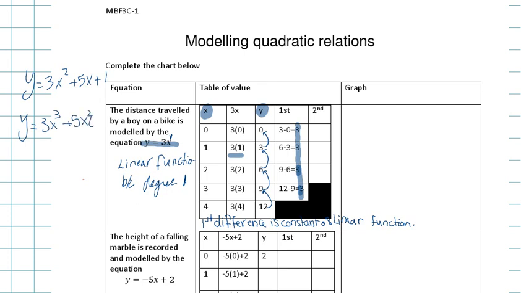It's neither, right? Because what's your highest exponent? 3. So we call this neither. There is a name for it, but for the purpose of this course, this is called neither. Anything other than 1 and 2, we're going to call neither in this course.